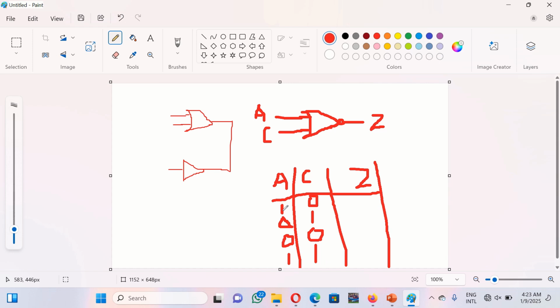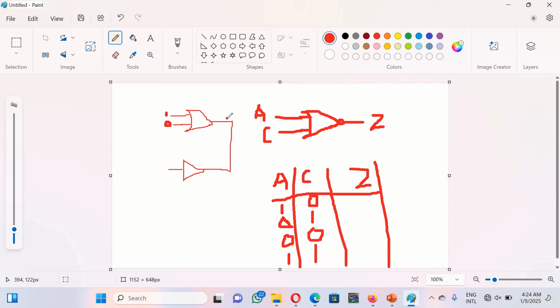So over here, the output is supposed to be one, but we have a NOT gate attached to the output, so the output now serves as the input of the NOT gate. Okay, so let's see from here. I have A to be one here, and then I have C to be zero. Okay, so this part is the final output. So 1 and 0 for an OR gate should give me 1 as an answer.